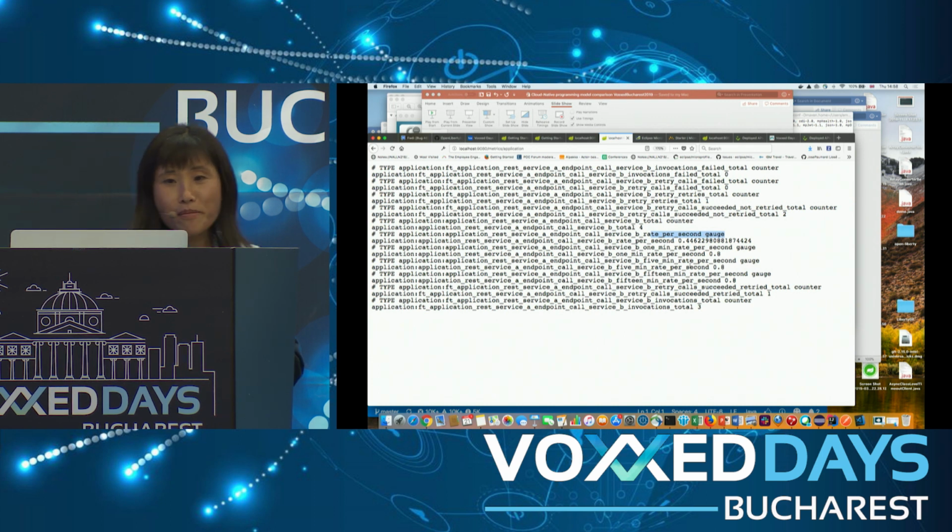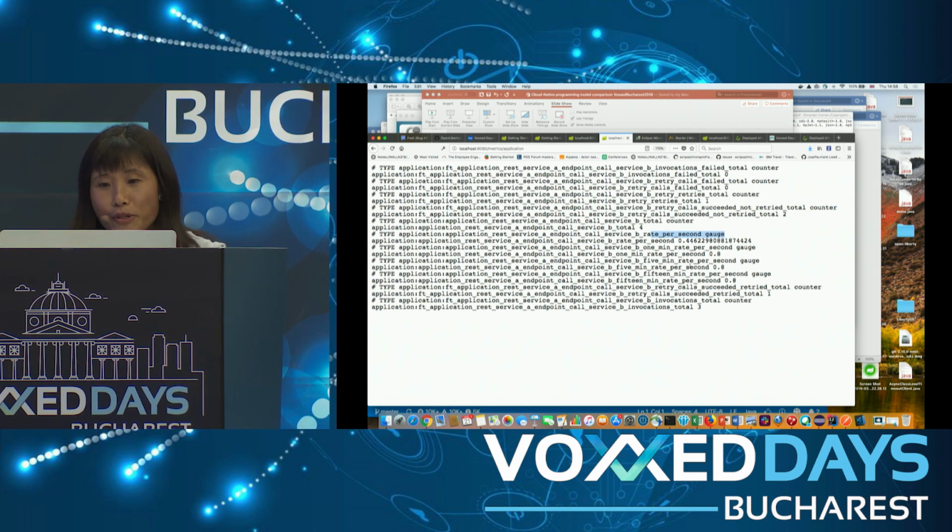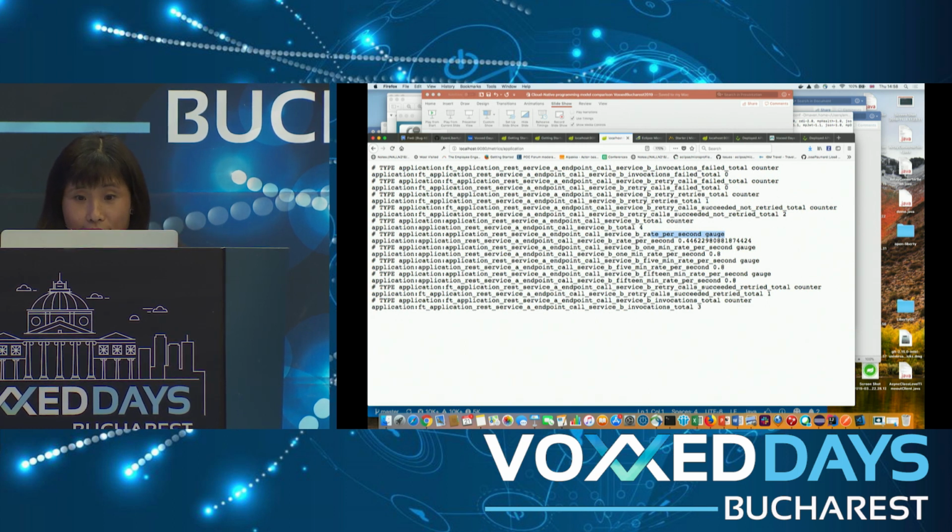It also gives me all the fault tolerance information as well. How many retries have you done? It tells me you have done one retry, and you don't have any particular failures and so on. This is all very easy to use, and you can export in Prometheus format or JSON format. Okay, that's the metrics.